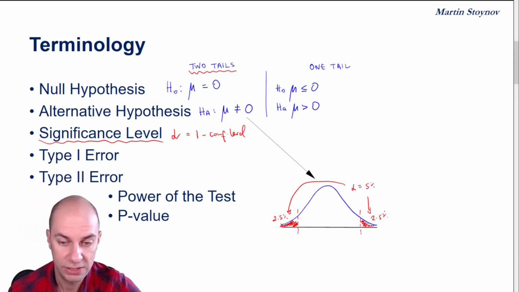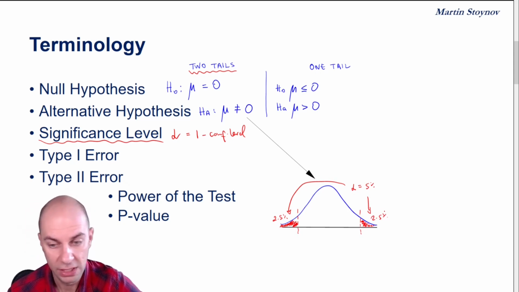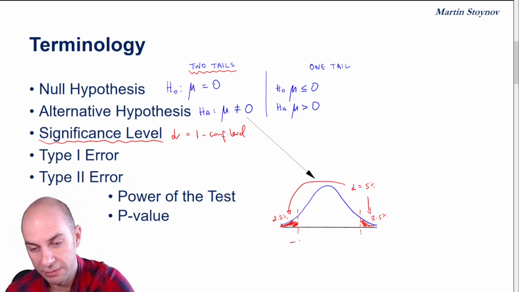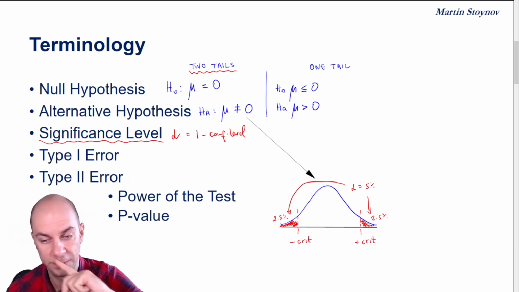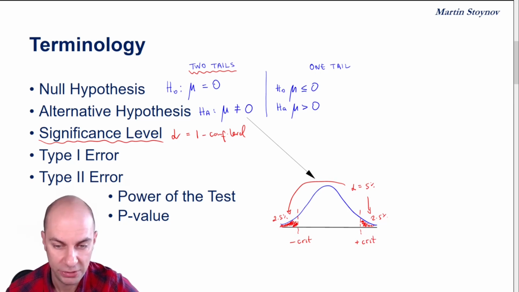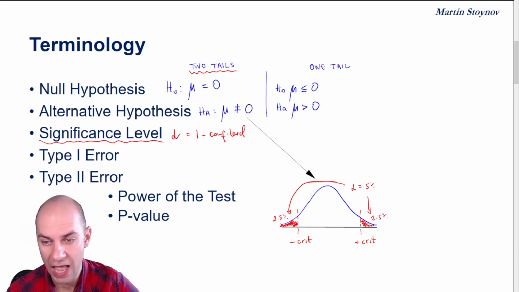And these probabilities will then determine my left critical value, which is a negative critical value typically, if we're using the Z or the T, and the positive critical value is to the right, but they are symmetrical, right? And they're going to be determined by the significance or by the confidence.